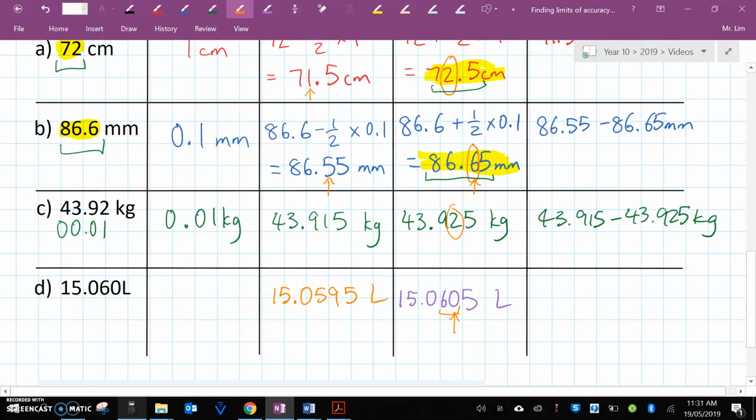Therefore, the limits of accuracy are 15.0595 to 15.0605 liters. If you want to know what the smallest unit is, we take that last digit and make it a 1. The rest turn into zeros. So it's 0.001 liters.